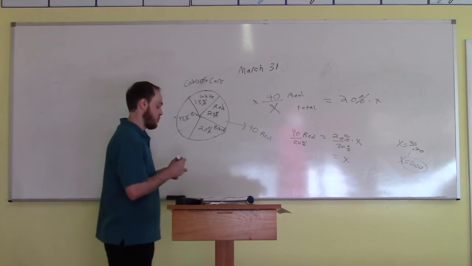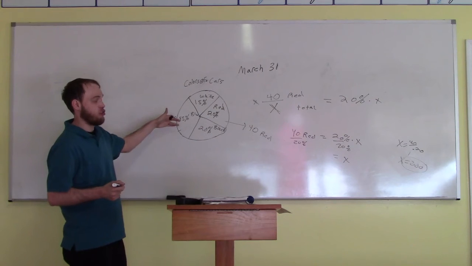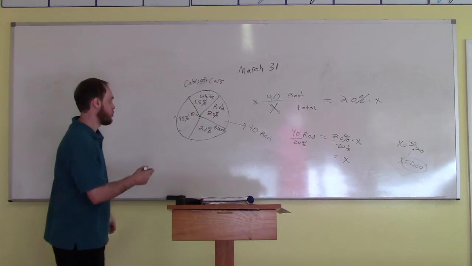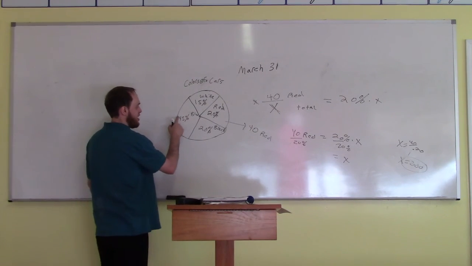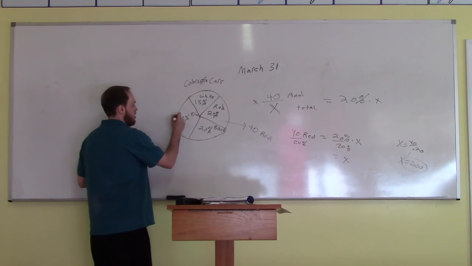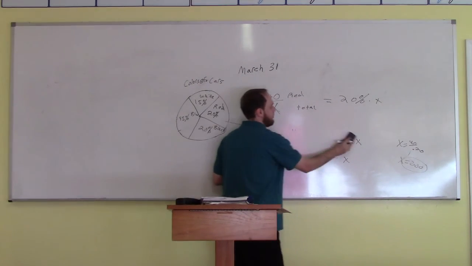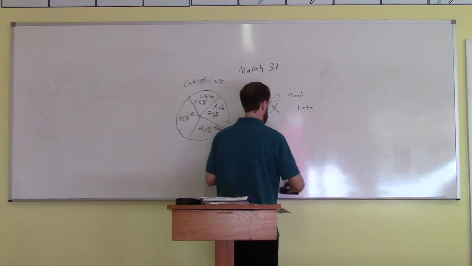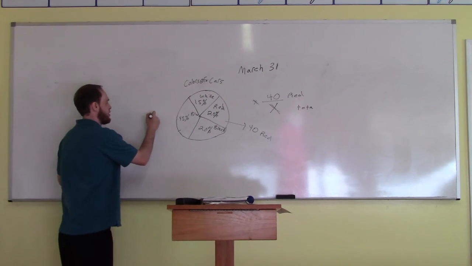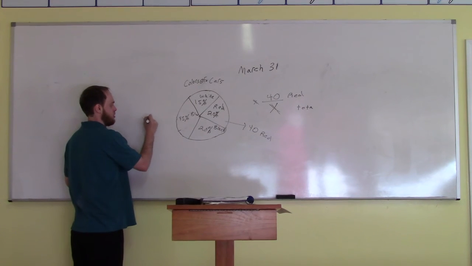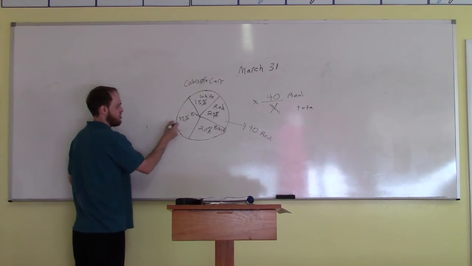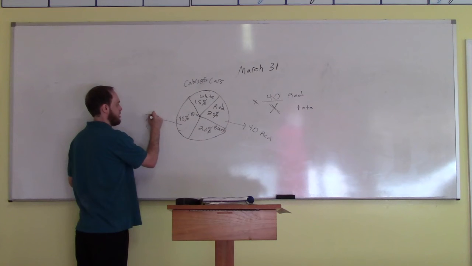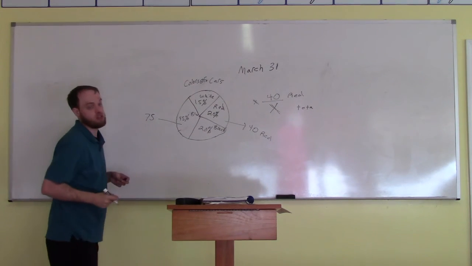And if I want to find how many of these cars are blue, so there's 45%, and I'll pick a number randomly, I'll say there are 75 actual blue cars.